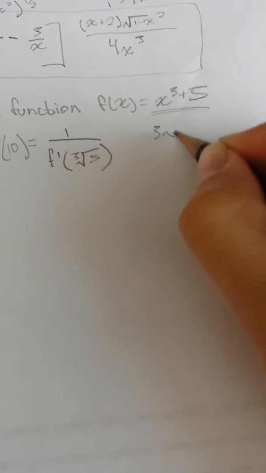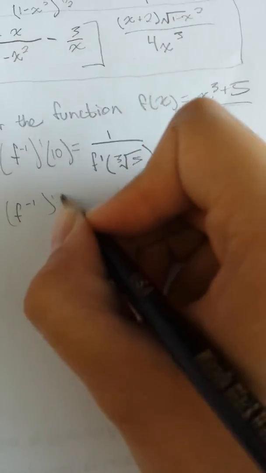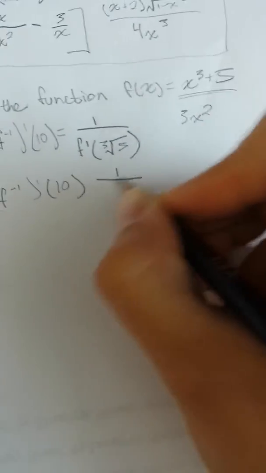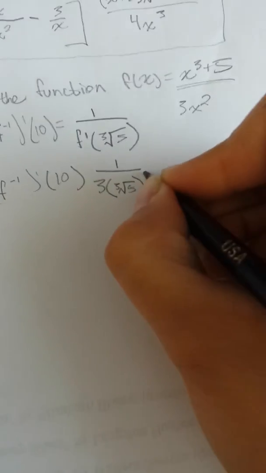Okay, so now that you have this, you figure out the derivative. Find the derivative of your equation, which is 3x squared. Okay, so you use that, plug in your x, so 1 over 3 times cube root of 5 squared.